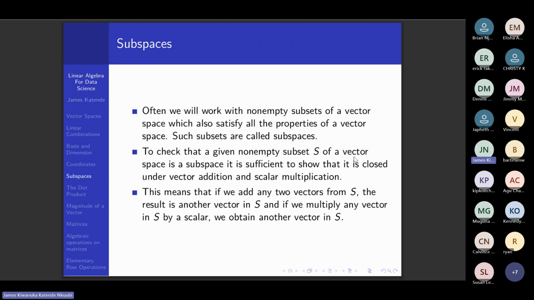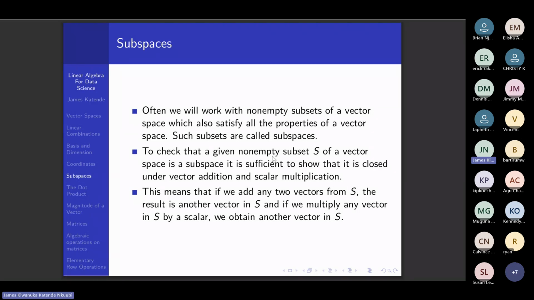If you can show that the subset is closed under these 2 operations, then we can confidently say that subset is a subspace.